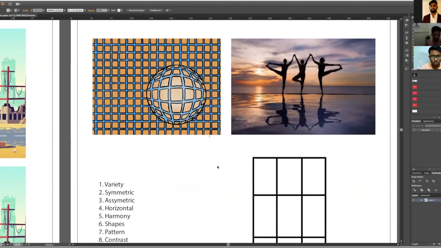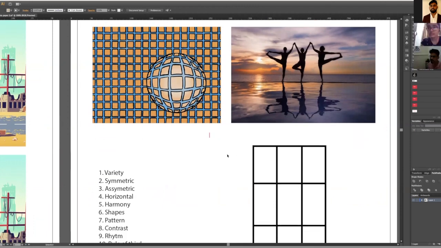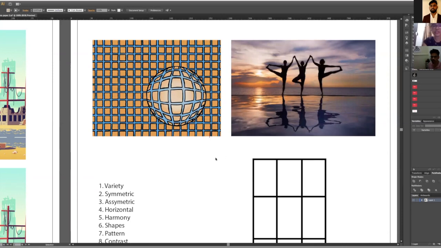Can anyone unmute and tell? There are squares in the first figure. Okay, you are correct that this is having shape, but the reason is wrong. The circle is the form, this whole thing.